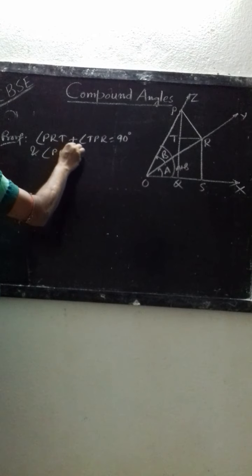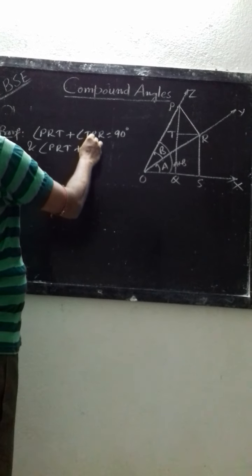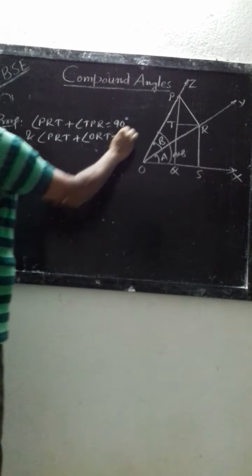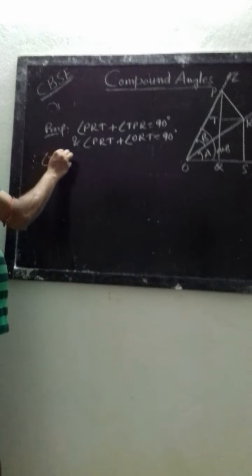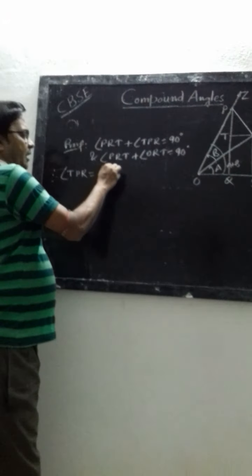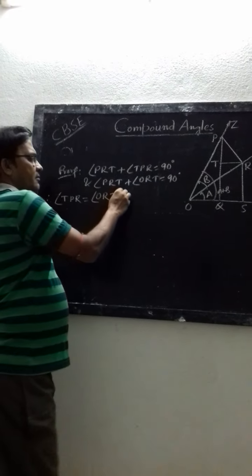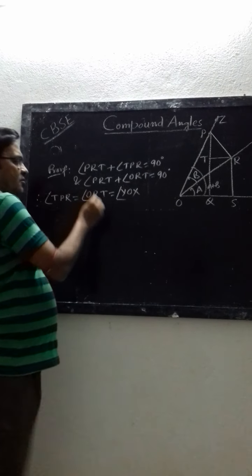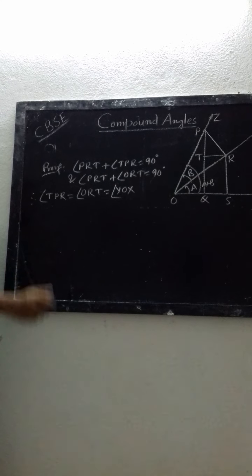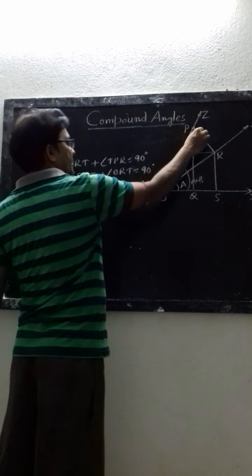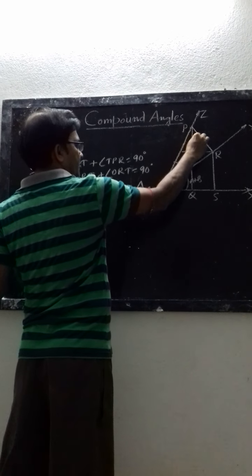So angle PRT plus angle ORT equals 90 degrees. Therefore, angle TPR equals angle ORT equals angle YOX. Since ORT and YOX are alternate angles, this is equal to A. So this angle is equal to angle A.